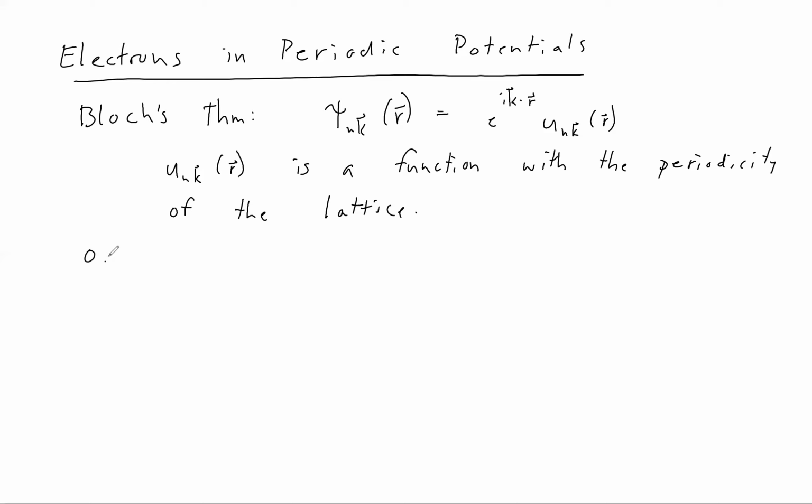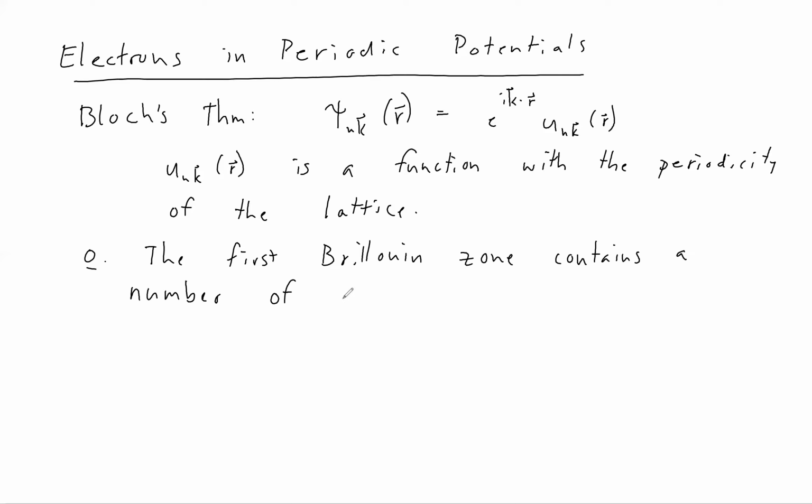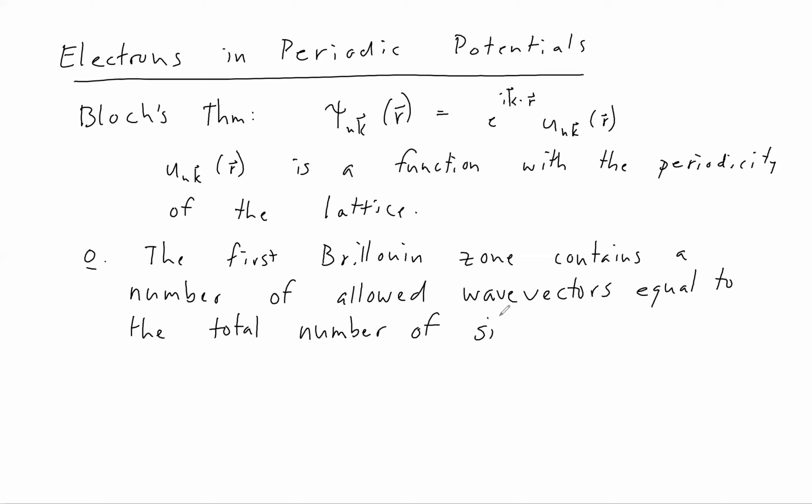So let me write that down. Again, the first Brillouin zone, the primitive cell of the reciprocal lattice, contains a number of allowed wave vectors k equal to the total number of sites in the crystal.